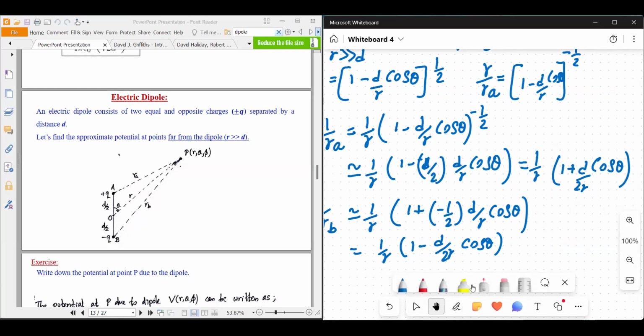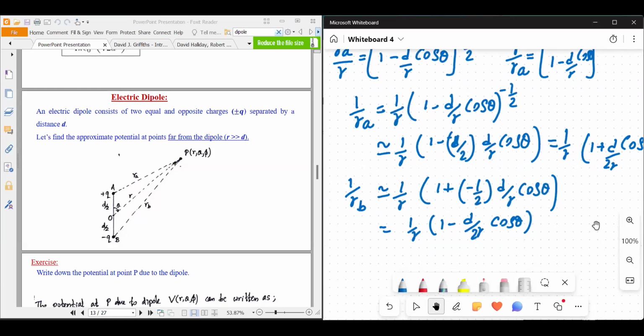Then we can apply this 1 over RA and 1 over RB to the potential that we need.